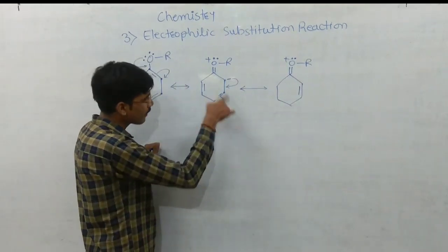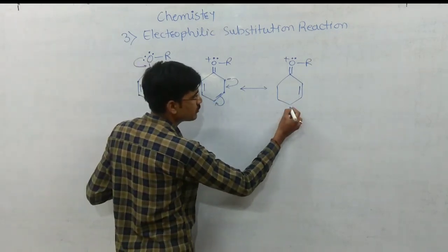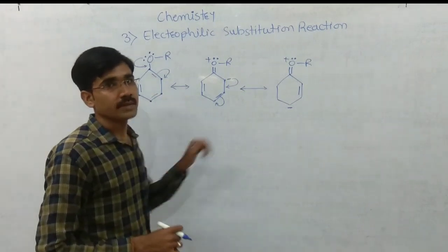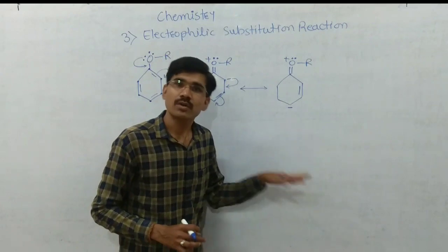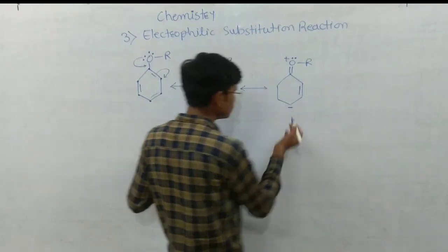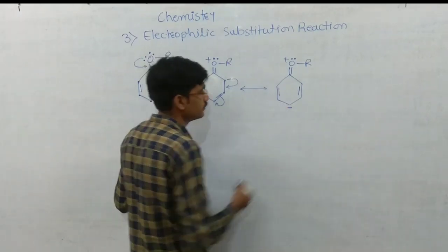This bond breaks and the charge totally transfers to the carbon atom. That means negative charge on the para position, that we call activation of the para position. Next, the remaining bonds stay as they are.